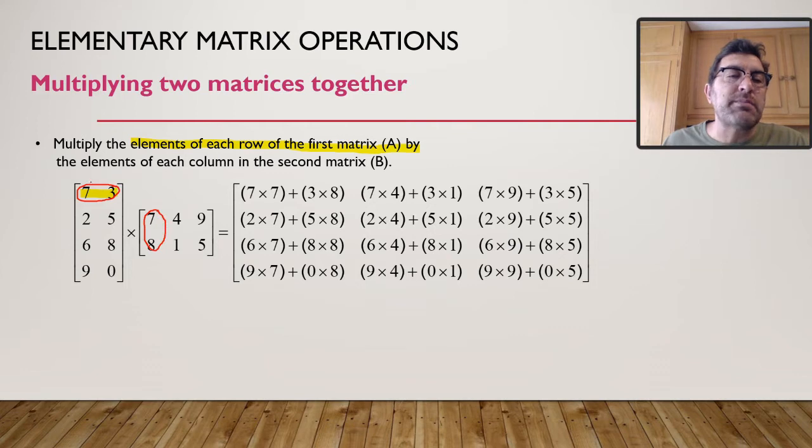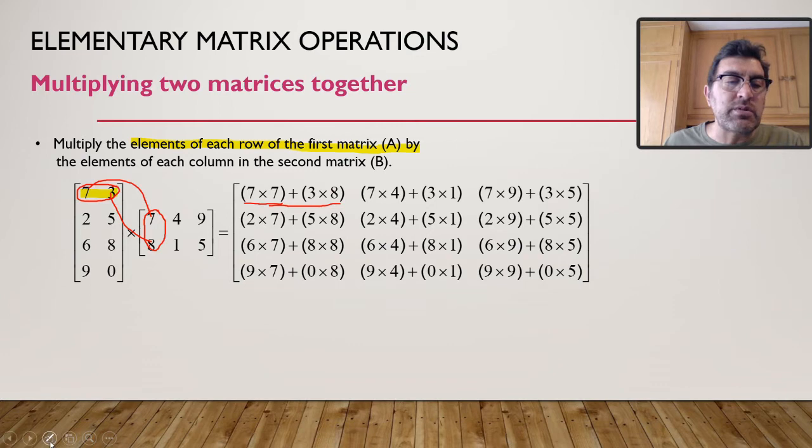How do I multiply? I take 7, I multiply it by 7, plus 3 multiplied by the 8, 3 times 8. If I add the two together, I have entry number 1 in the resultant matrix.